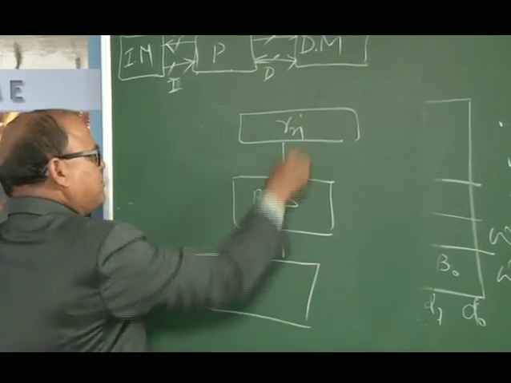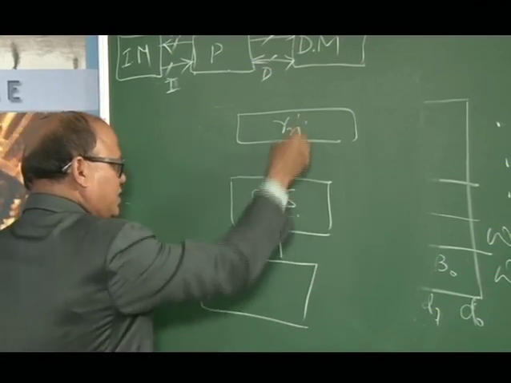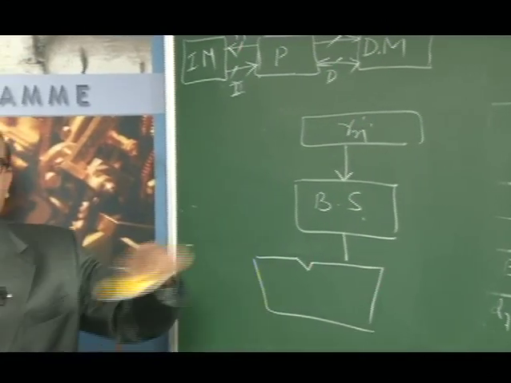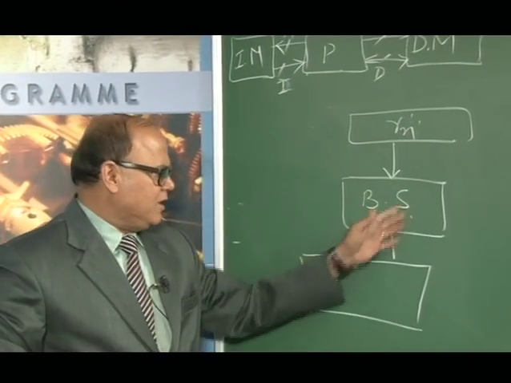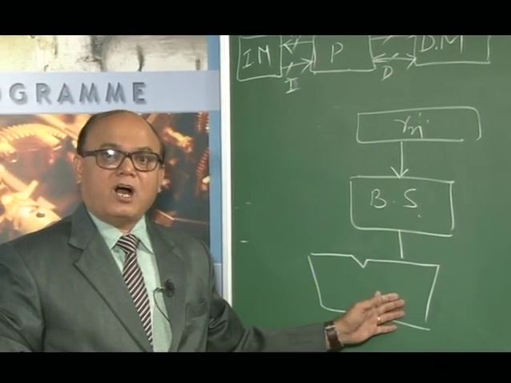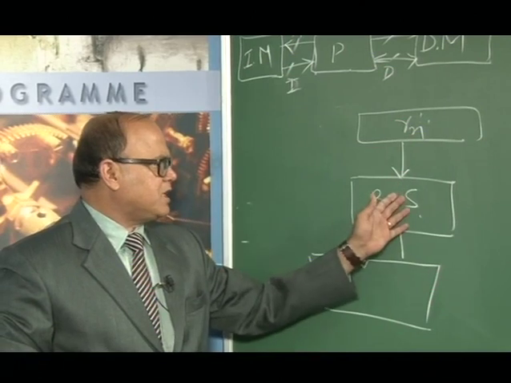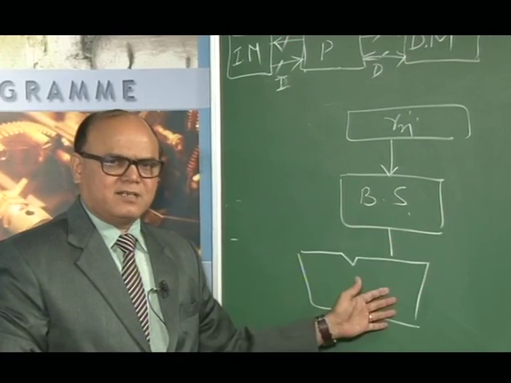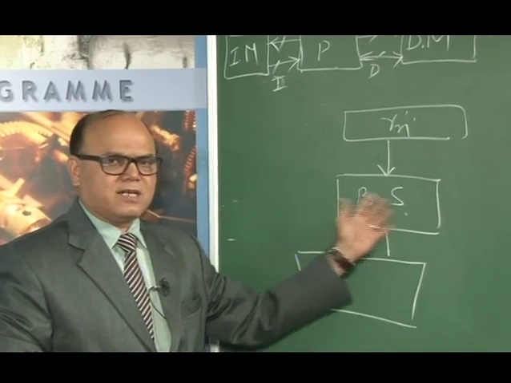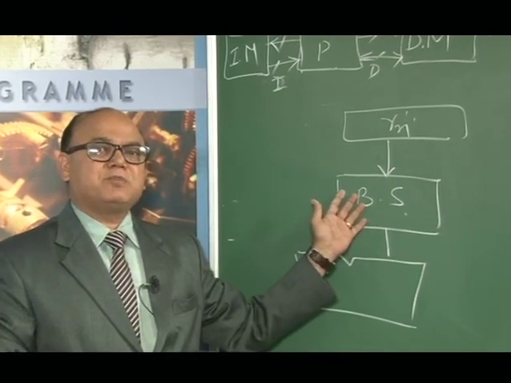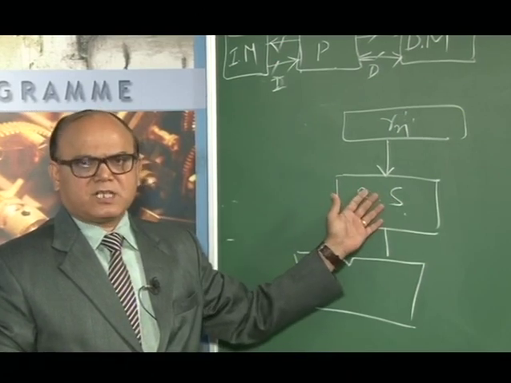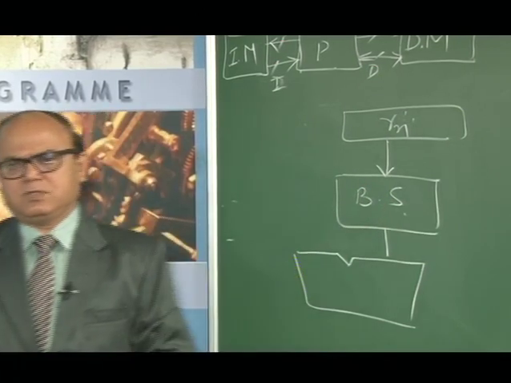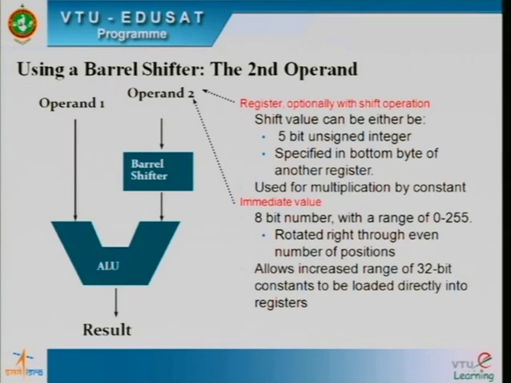The data received into the barrel shifter can be forwarded as it is to the ALU input, or the data can be shifted either right or left. This shifting I am calling pre-processing. So I can pre-process the data and then give it to the ALU. If I pre-process and give it to the ALU, the time required for processing the instruction reduces.